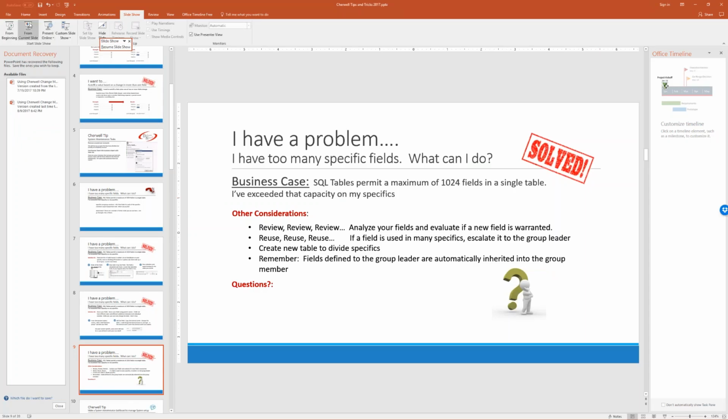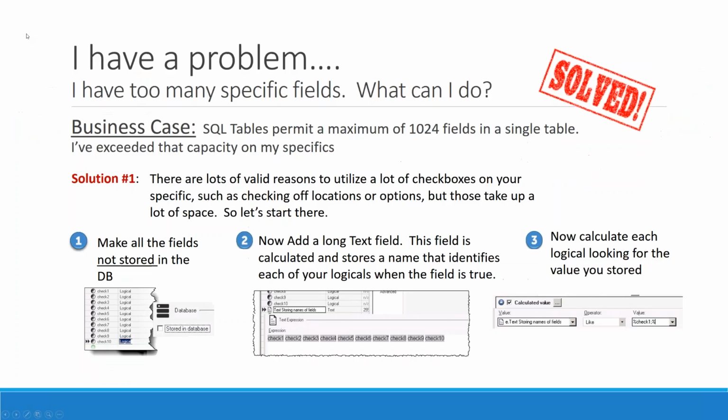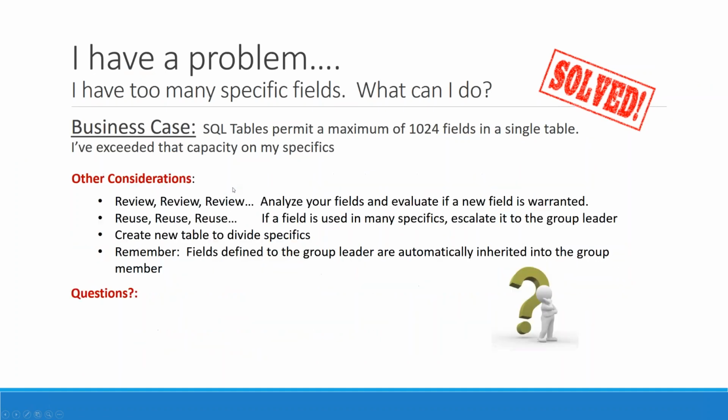So the next step that I had here is a couple other things about solutions on the specifics. This sometimes gets to be a big thing because people don't realize that they're running out until they've already run out or they've gotten very close to running out.